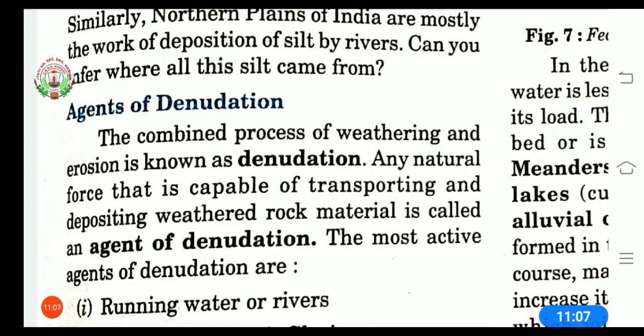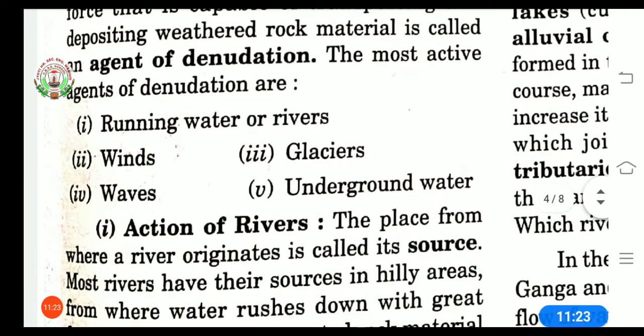All the natural forces that are fully capable of these two processes, transporting and depositing, are called agents of denudation. The most active agents of denudation are running water or rivers, second winds, third glaciers, fourth waves, fifth underground water.